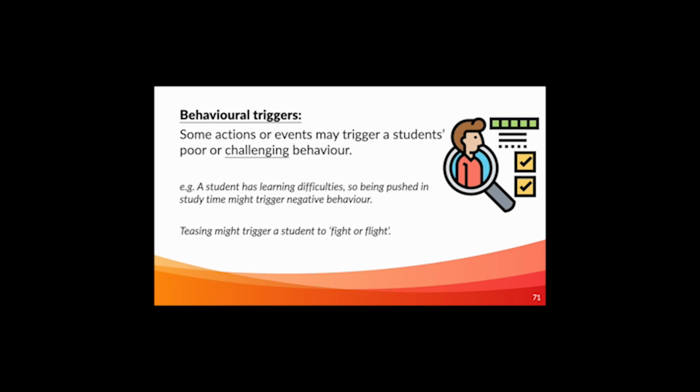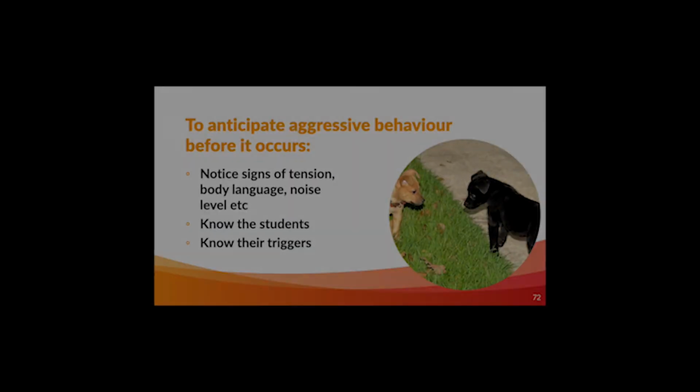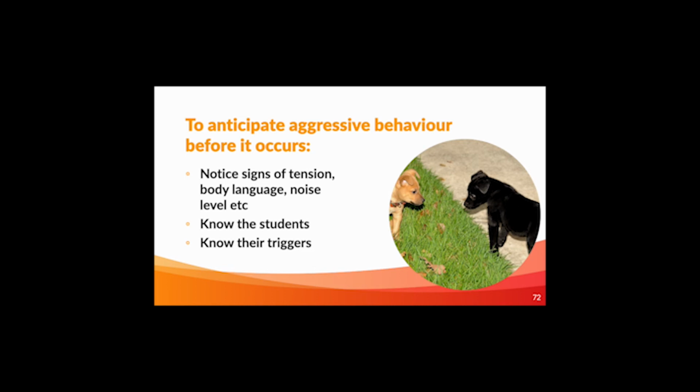A student having learning difficulties, so study time might trigger those negative behaviours. Teasing might trigger a student to fight or flight. To anticipate aggressive behaviour before it occurs, notice signs of tension, body language, noise level, etc. Know the students, have that relationship with students, and know their triggers.